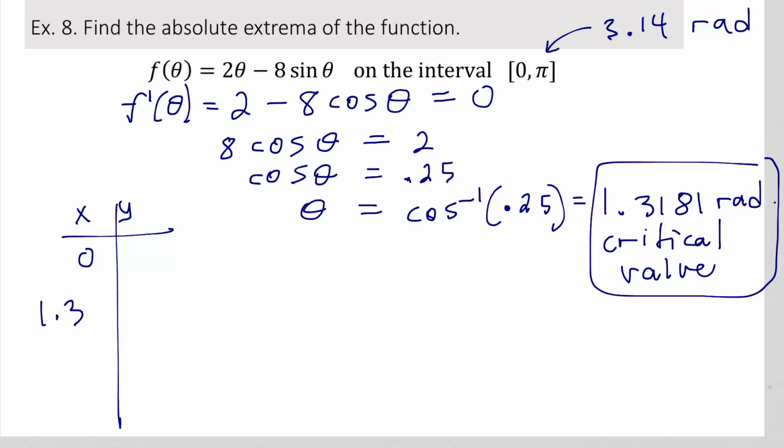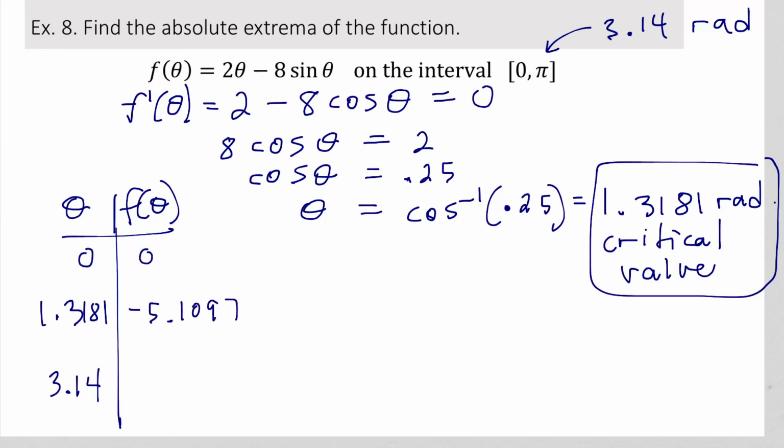Let's change that to theta and f of theta. 1.253181. And then my right endpoint, which was pi. Now I'm going to sub those into f of theta, and I get 0, negative 5.1097, and 2 pi, or 6.28 radians.